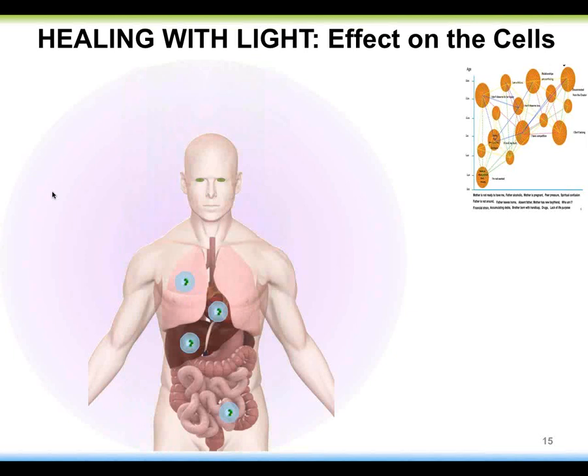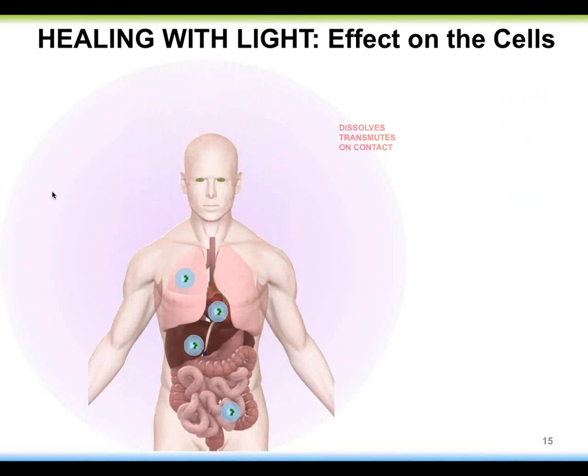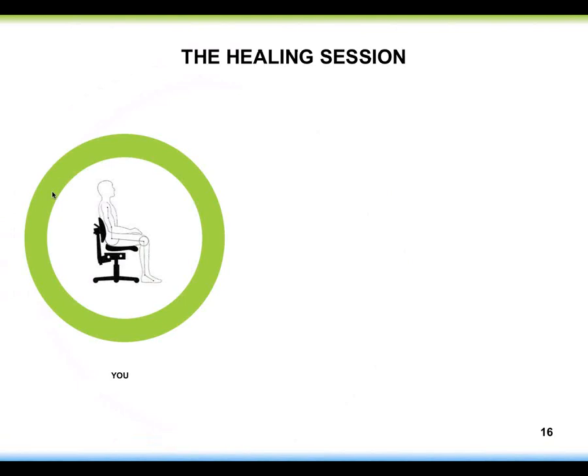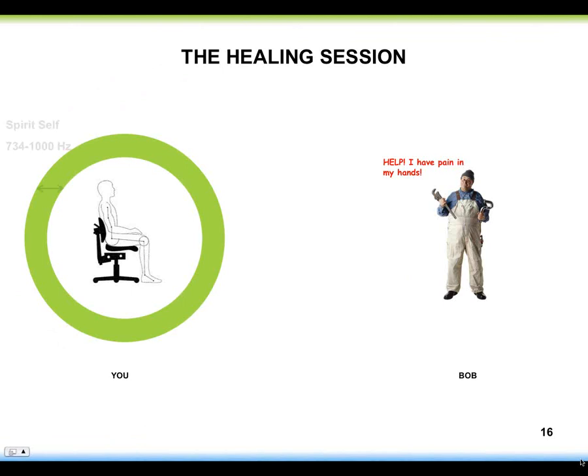All right? So let's take that to the healing session as you are now preparing to, again, continue working with Bob. I hope he's feeling better by now, but here we go. Your client comes to you and he explains his issue. Of course, you make sure you are vibrating on a higher level.